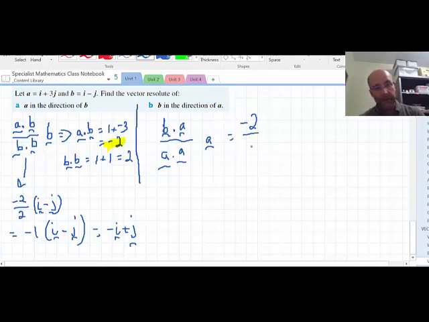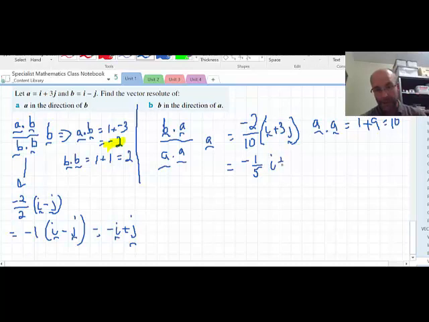A dot A would be 1 by 1, which is 1, plus 3 by 3, which is 9, which is 10. And vector A is i plus 3j. So it's negative 1/5 times i plus 3j.